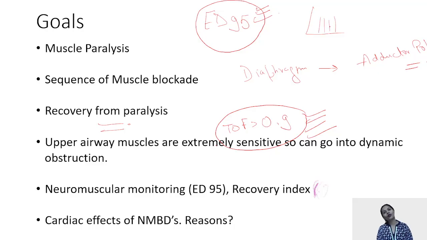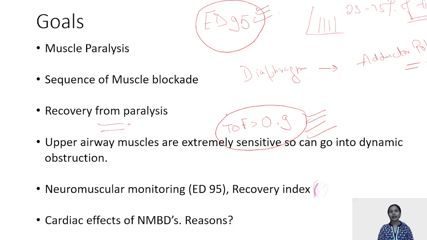If you don't remember, I request you all to please go to the neuromuscular monitoring class again, because repetition of this is not possible in detail here right now. When we talk about the recovery index, it is 25 to 75% of your twitch height. When 25 to 75% of the twitch height comes back, it means the patient has started recovering from the effect of your neuromuscular blocking agent.